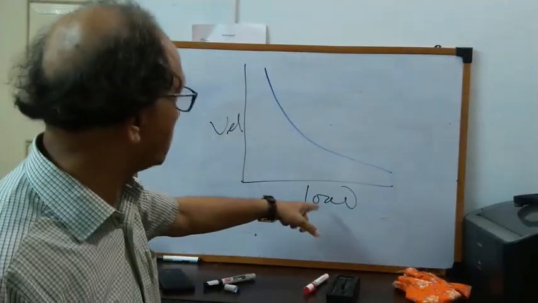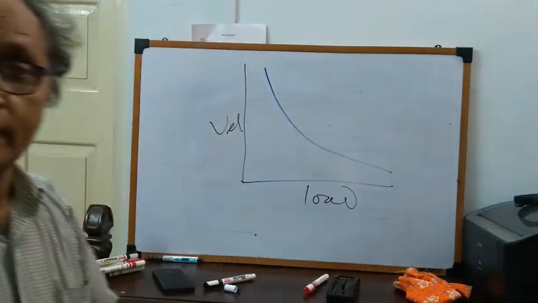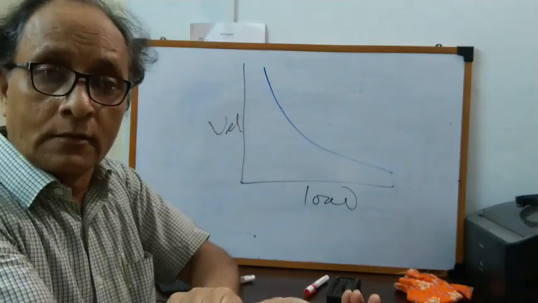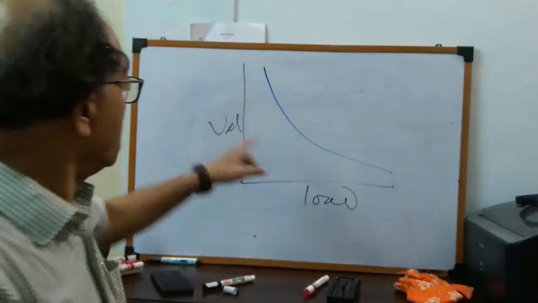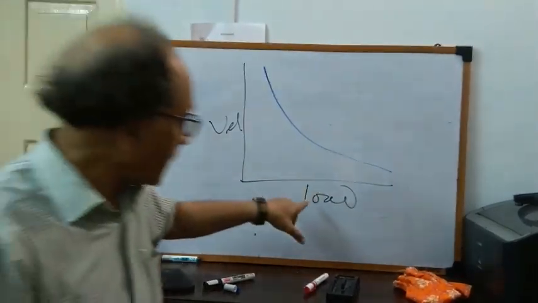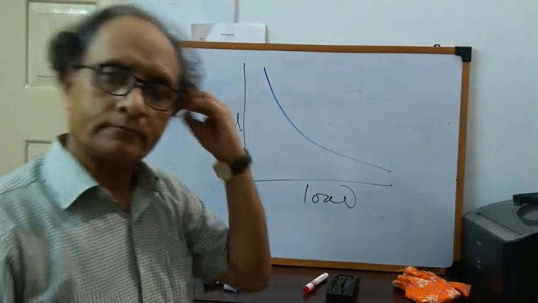So this is known as a load-velocity diagram. Here load means afterload. So as the afterload increases, the velocity of shortening decreases.